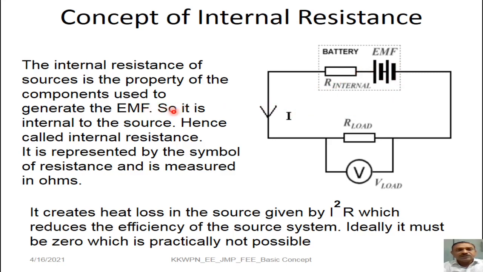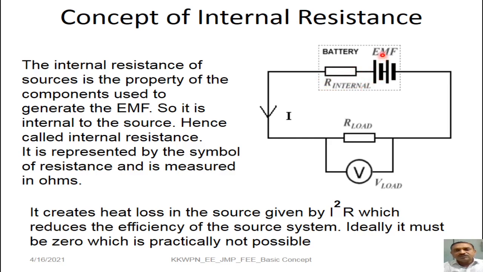All these materials have the property to oppose the electric charges or the flow of electrons through them, and such a property is called the internal resistance of that source, or in the present case a battery. Such internal resistance is shown by the symbol of a resistance itself. We may mark it as R internal.